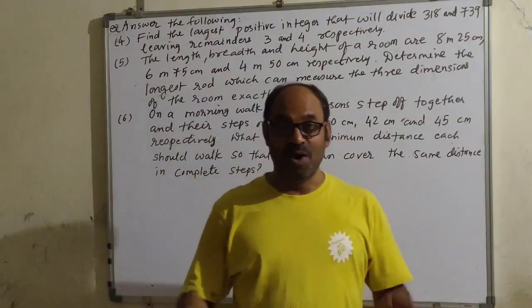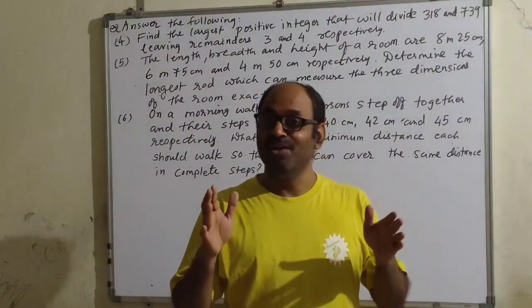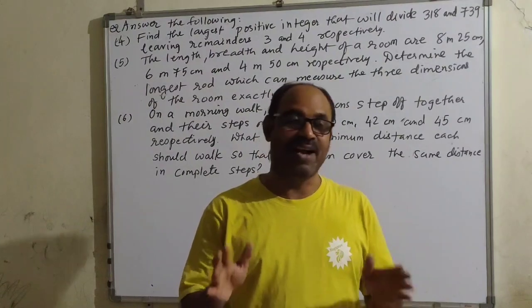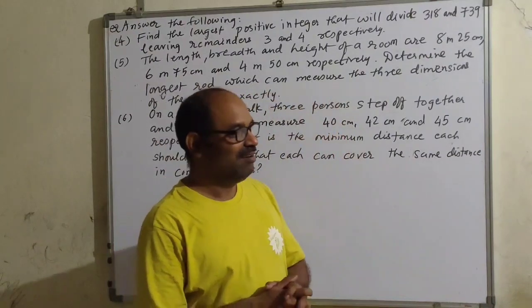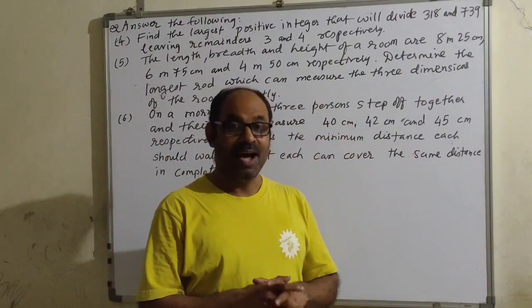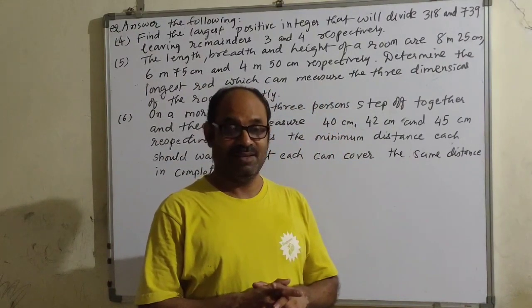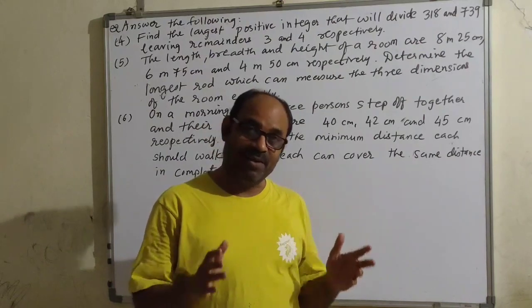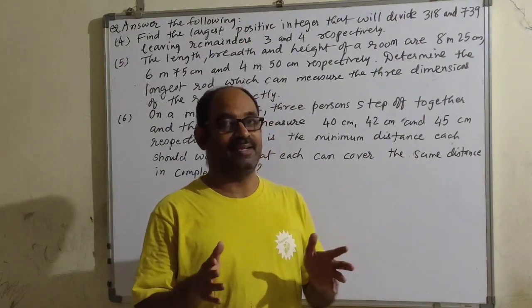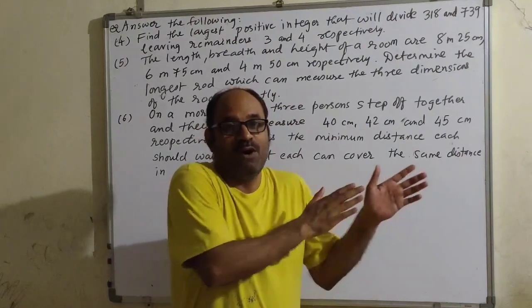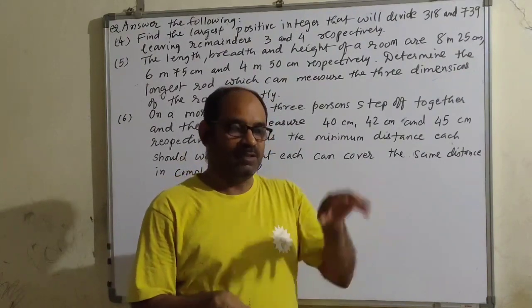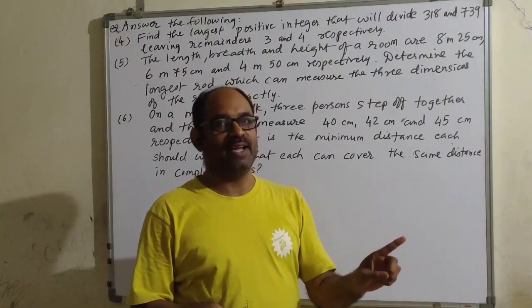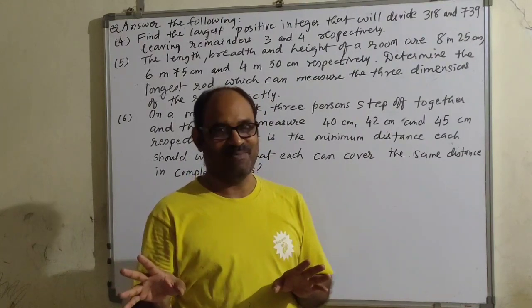Okay, now the word problems, where you really find problems, right? Well, one of the students asked me why after reading the statement we are not getting whether we have to go for HCF or LCM. How do we know in this particular word problem whether we have to find HCF or LCM?